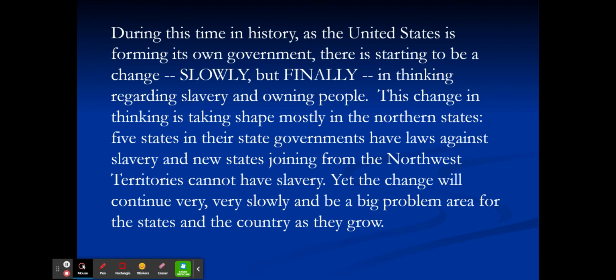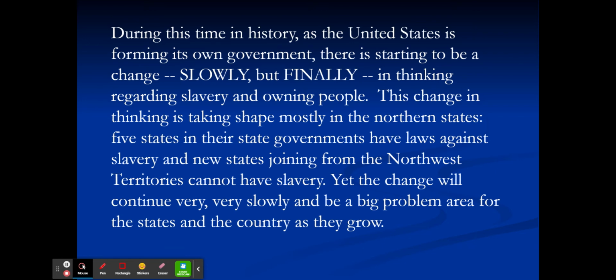This change in thinking is taking shape mostly in the northern states, right, where we just heard 5 states in their state governments have laws now against slavery, and new states joining from the Northwest Territory cannot have slavery. Yet, this change will continue very, very slowly, and it will be a big problem area for the states and the country as it continues to grow.